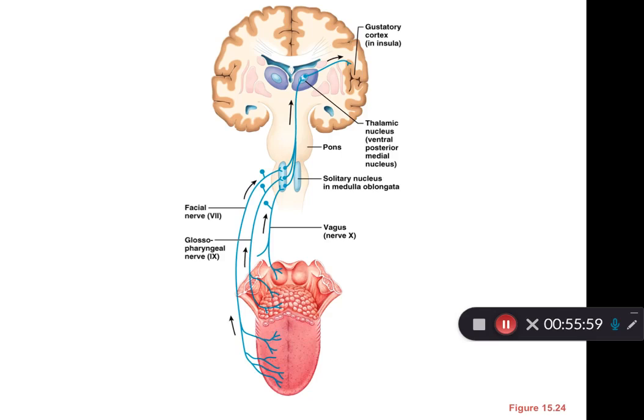Here the nerve synapses with the ventral posterior medial nucleus, and then this nucleus sends the nerve to the gustatory cortex of the brain.